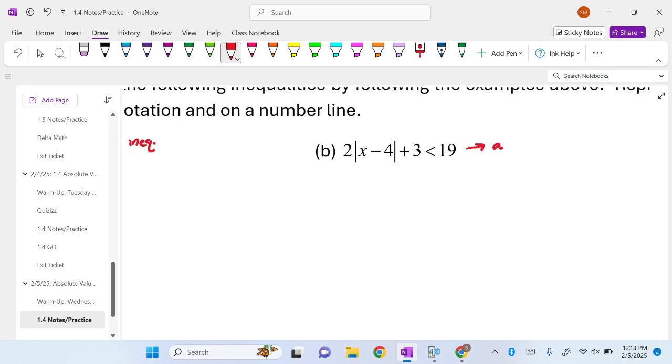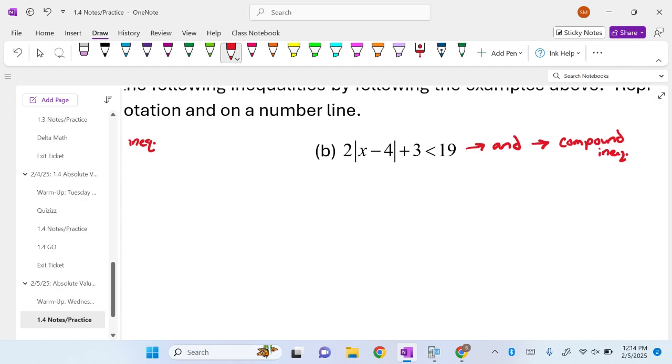So this is going to be an and statement, which means are we going to have two separate inequalities, or a compound inequality? A compound inequality. Or in other words, just one big inequality. All right, so that's what we're expecting to happen.